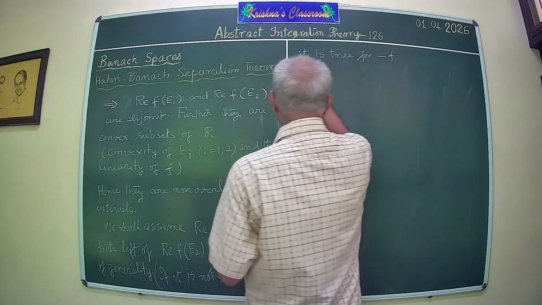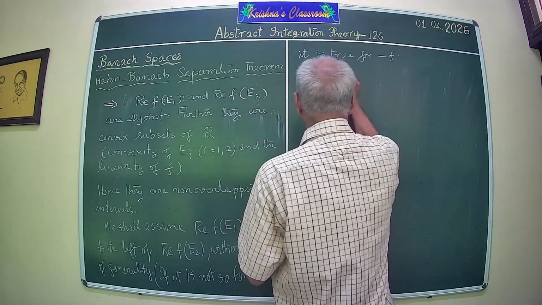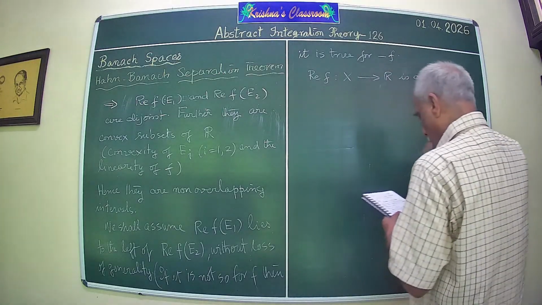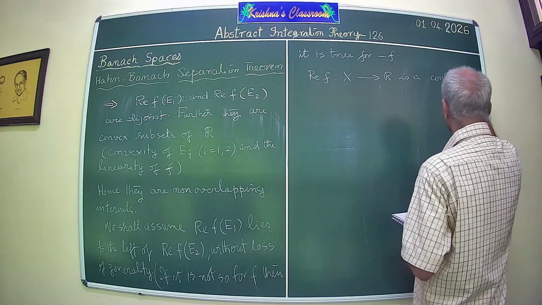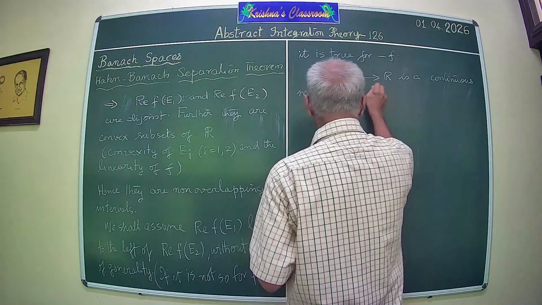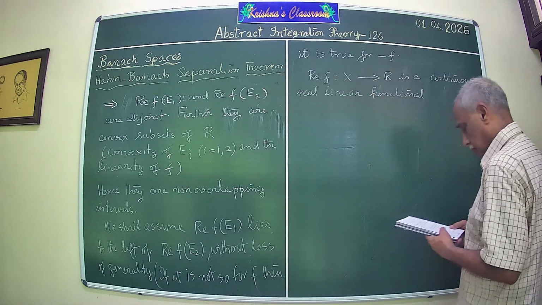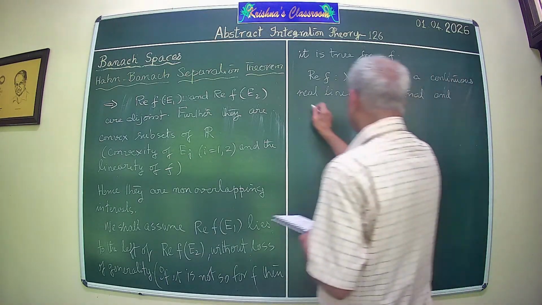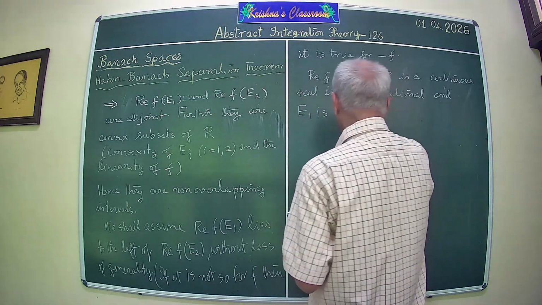Now if you look at this, real f from X to R is a continuous real linear functional, and E1 is an open set.